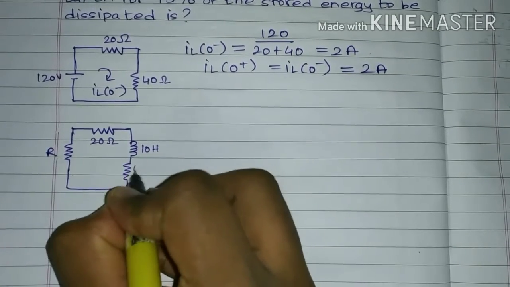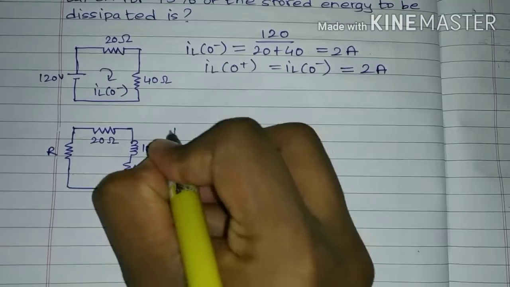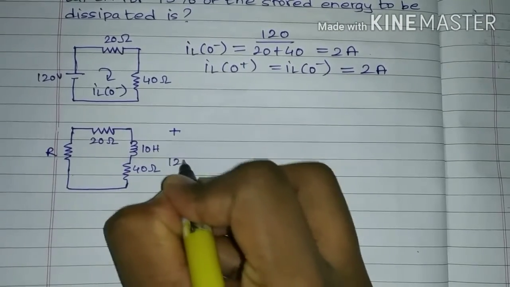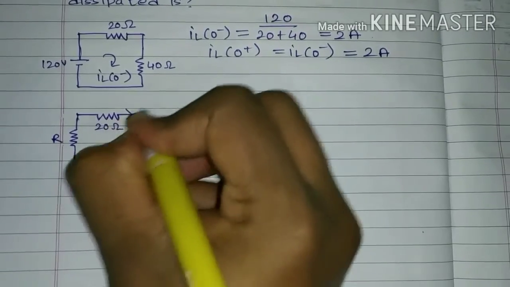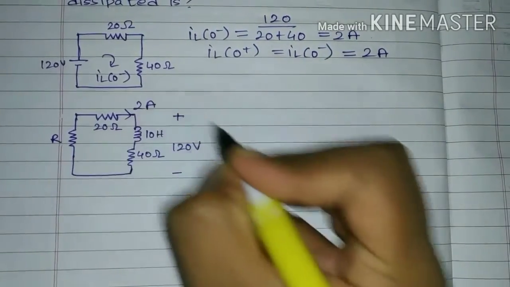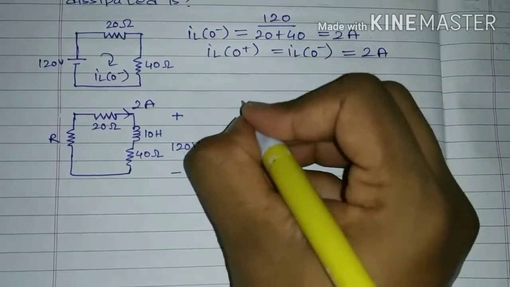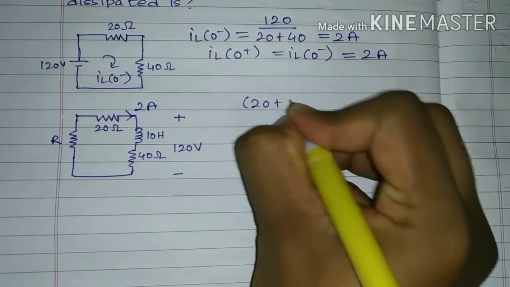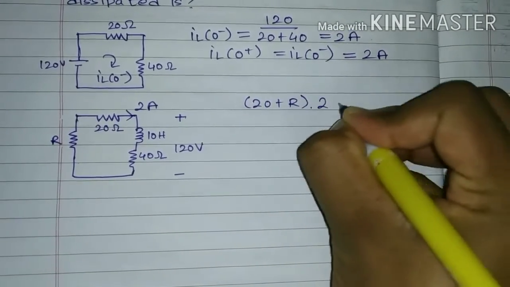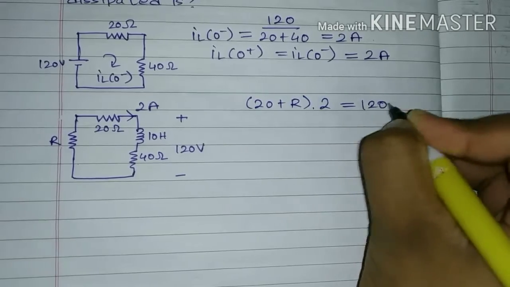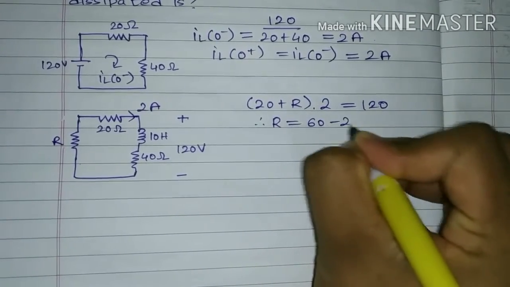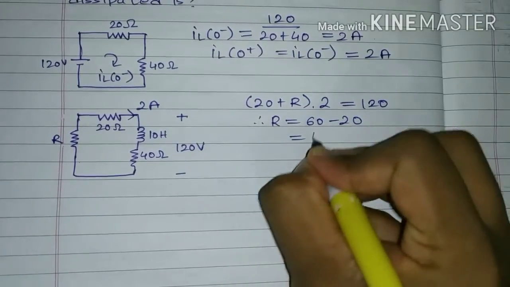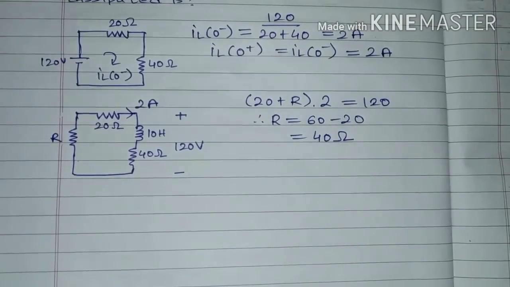The voltage across this coil at t is equal to 0 plus is given to be 120 volts, and the current flowing through the loop is IL of 0 plus, that is 2 ampere. Hence we can write that 20 plus R into 2 will be equal to 120 volts, as they are connected in parallel with the coil. So we can write that R will be equal to 60 minus 20, which is equal to 40 ohms.